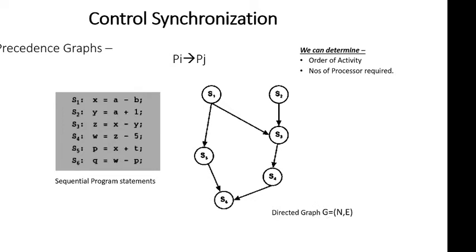And the directed graph can be represented by G of n e, where n is the node and e is the edges. The nodes can be the concurrent processes, or the nodes also can resemble different parts of the same program. Okay, maybe a program is having different parts and all of them are running concurrently.